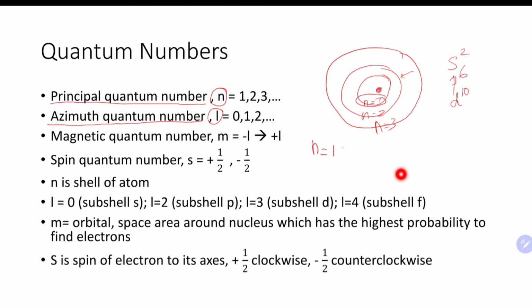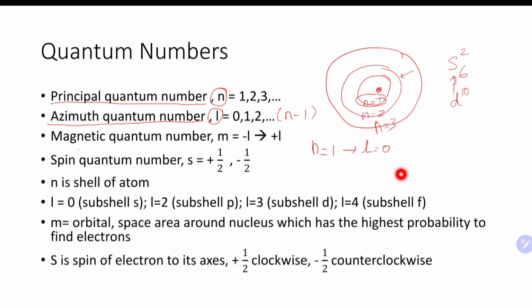So here for n=1, or shell 1, the l or the subshell is only 0, because l goes up to n minus 1.